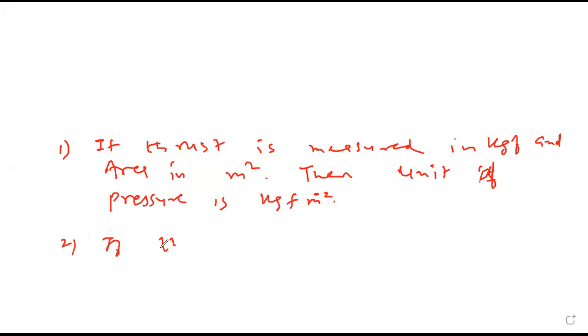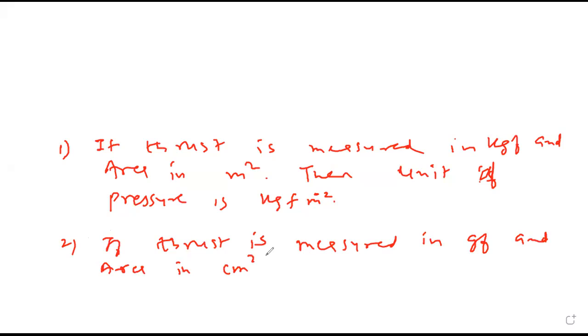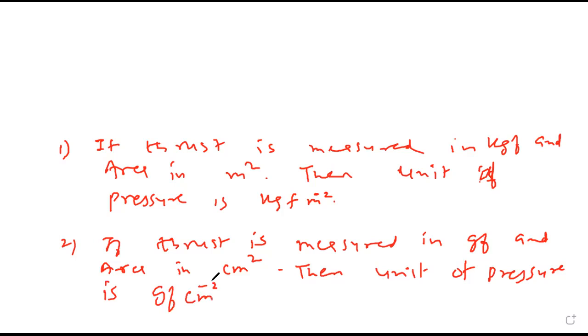These are called gravitational units in MKS and CGS of pressure. If thrust is in gf and area in centimeter square, then the unit of pressure is gf centimeter raised to minus 2. Copy these 2 points, write as note.